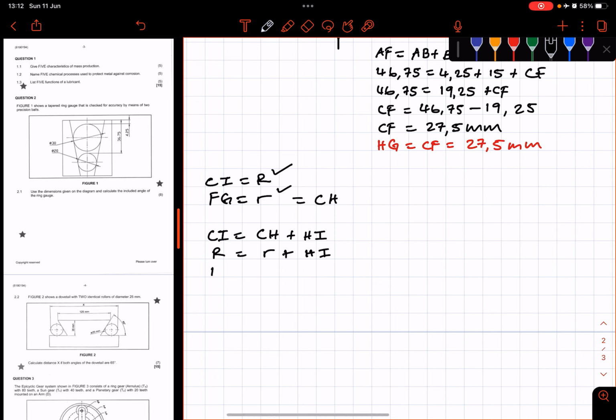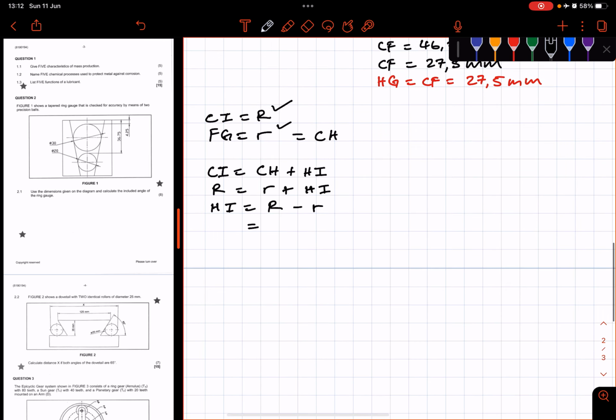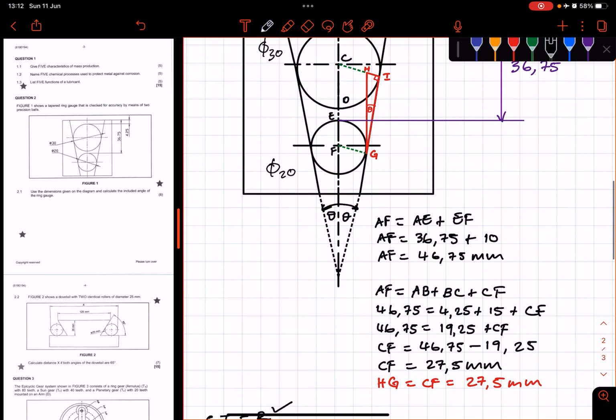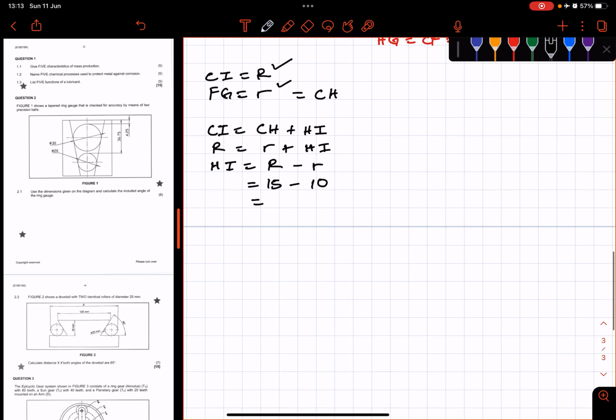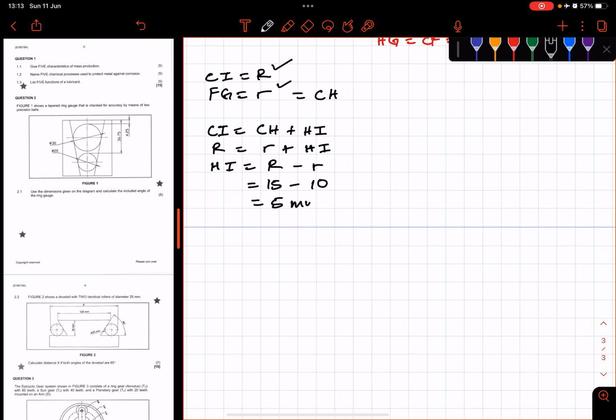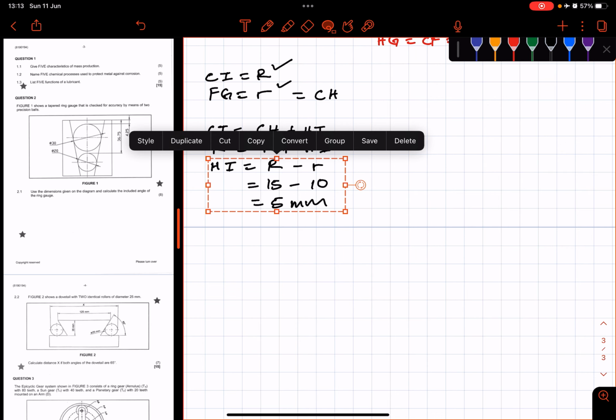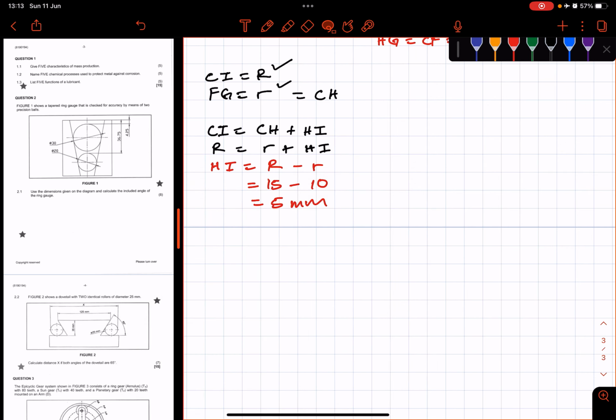So to get HI will be equal to the radius of the big precision ball minus the radius of the small precision ball. The big precision ball has a 30 millimeter diameter, so this is 15 minus 10. And what do you get here? This is 5 millimeters, right? So HI is equal to 5 millimeters.